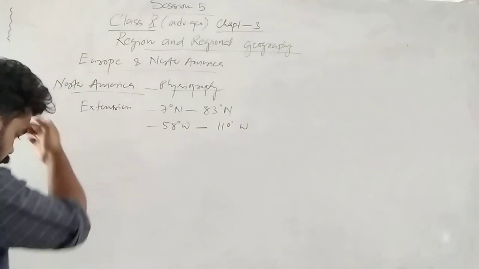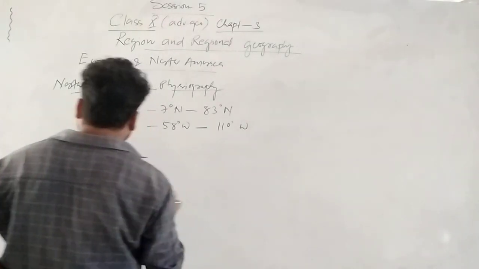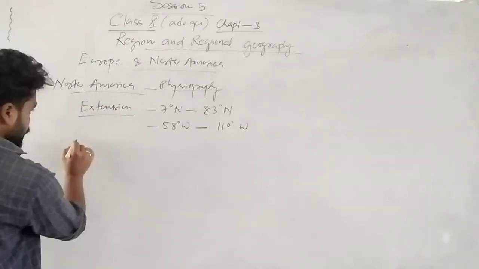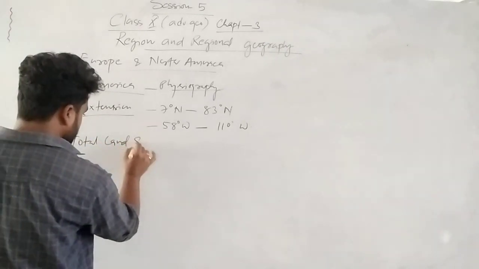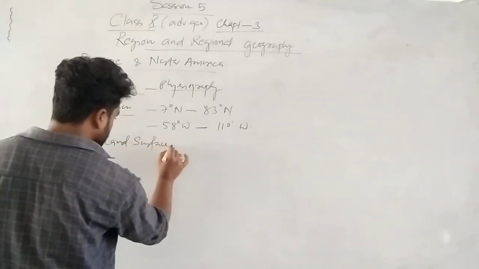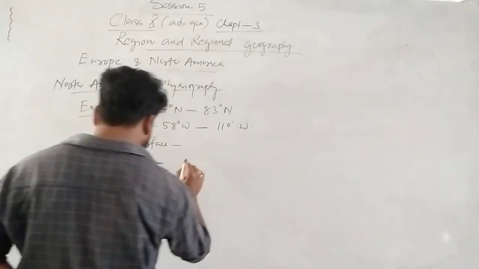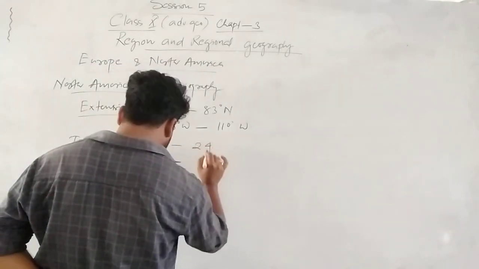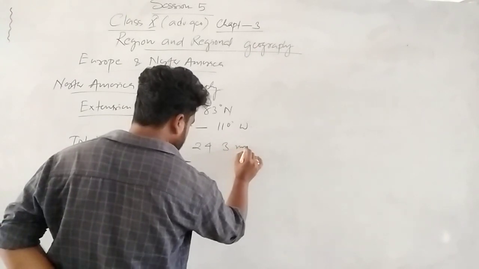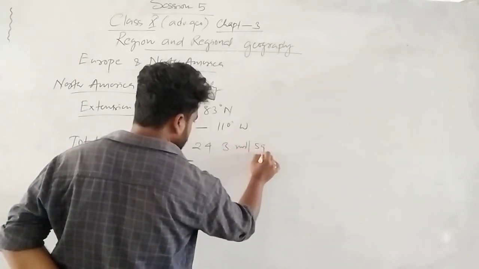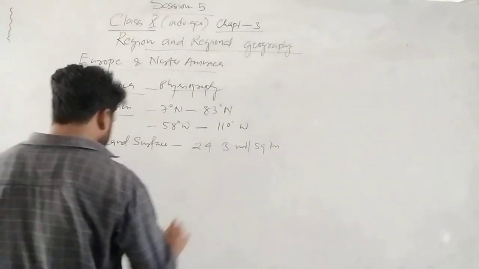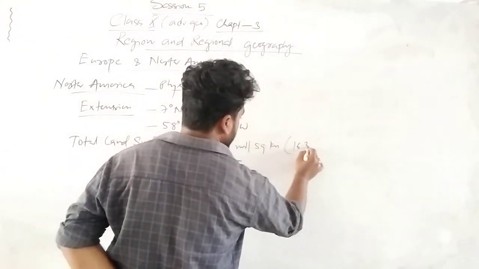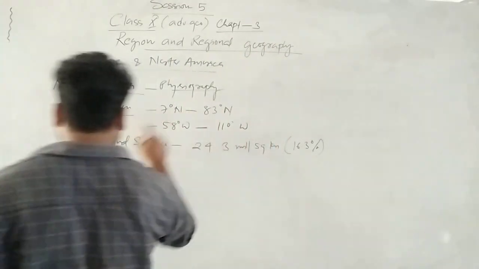Okay, so that is the extension, and we will see what the total land surface is. 24.3 million square kilometers. That is 16.3% of the world total.